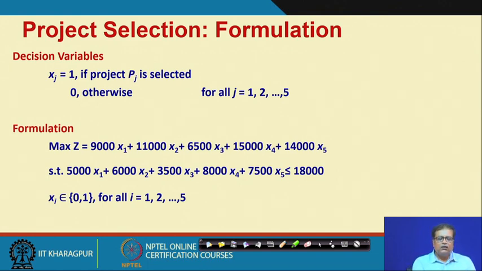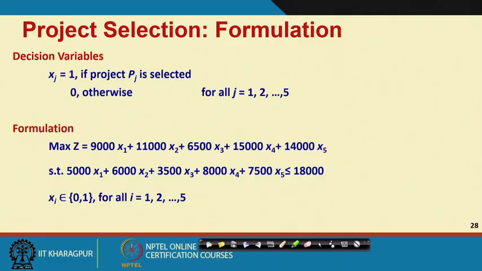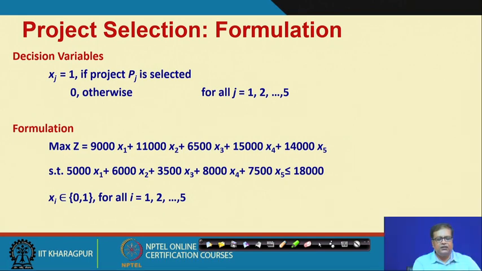You see the various values, 9,000, 11,000, 6,500, 15,000 and 14,000, those are our returns. So, maximize the return from these projects subject to the initial cost, that is 5,000 x1 plus 6,000 x2 plus 3,500 x3 and so on, less than or equal to 18,000, where xj is between 0 and 1 for all j equal to 1, 2, up to 5.